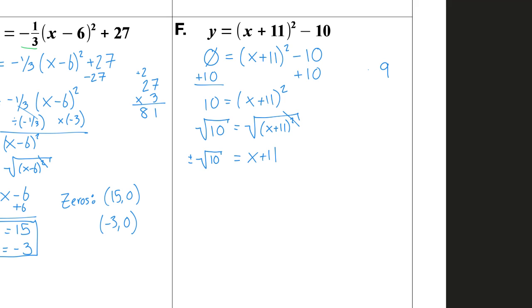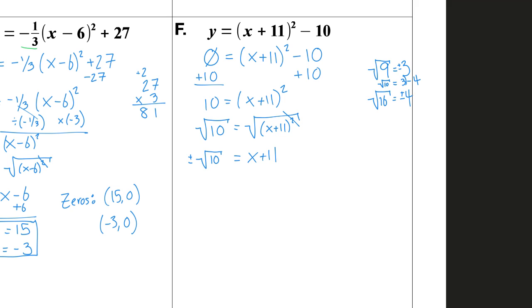If it was the square root of 9, sure, we know that that goes to positive negative 3. And the square root of 16 goes to positive negative 4. So that square root of 10 is going to be somewhere between 3 and 4. It's going to be some nasty long decimal.